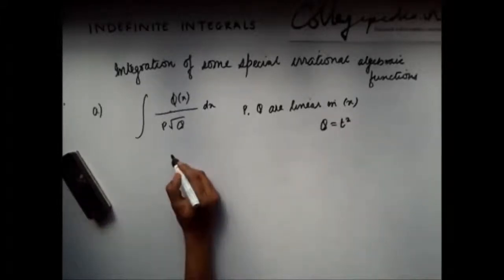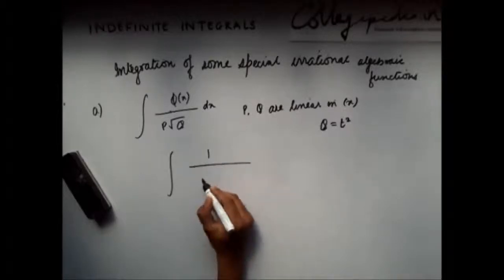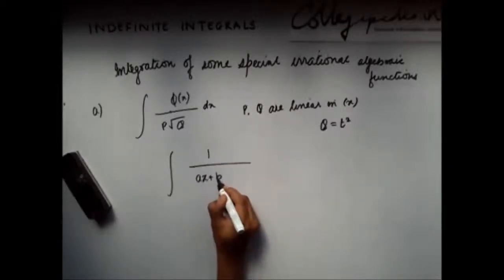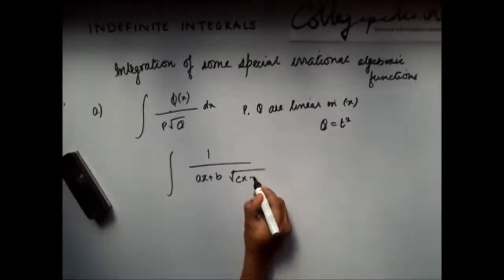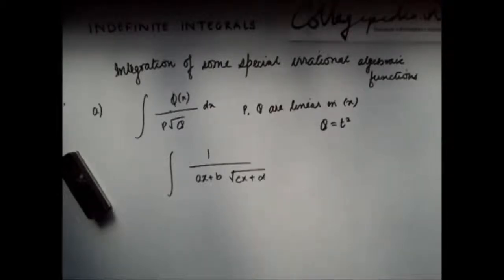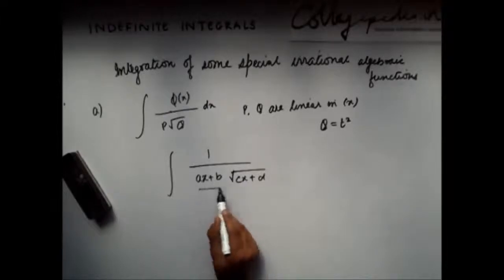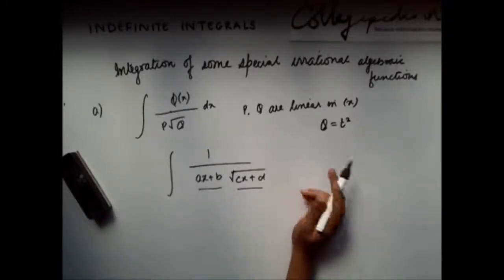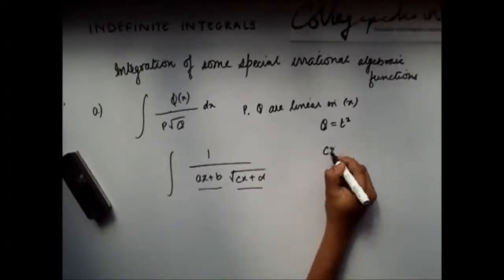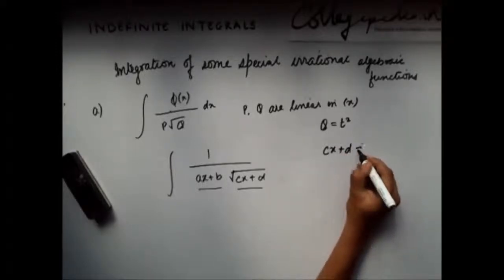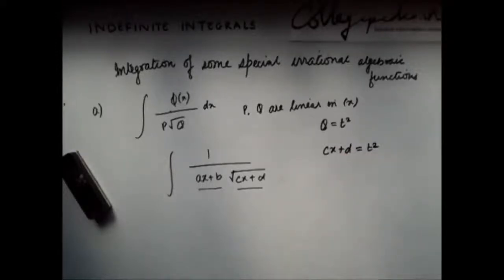An example could be, let's say we have been asked to integrate ax plus b root under cx plus d. In this case you see that both p and q are linear functions in x. So what we do is we'll substitute q, which is cx plus d, as t square.